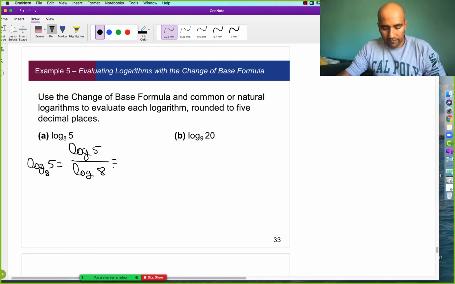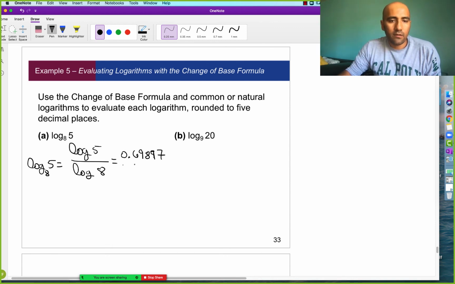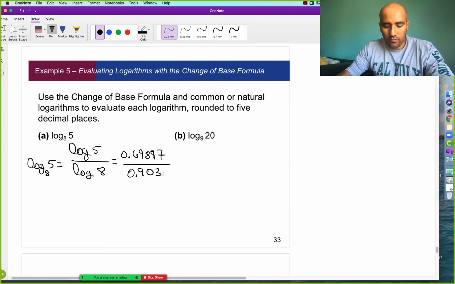So I can hit log of 5 equals 0.69897 divided by log of 8. So log base 10 of 8 is 0.90309 approximately.